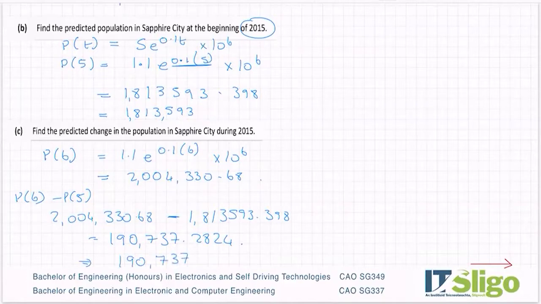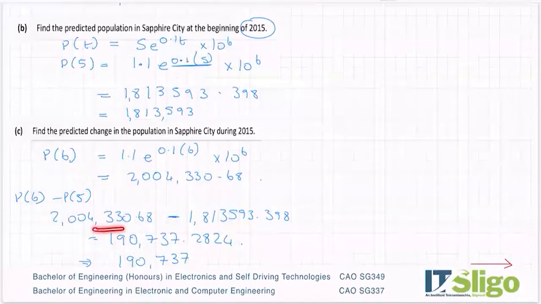190,737. So you can see in many cases here, guys, just a general thing with maths, it's not telling me to round it to a place of decimal. So I give them both: I give them the non-rounded, and then I round it because it makes sense to round it. But look what I did when I came down to this one. I used the non-rounded version, for accuracy. And accuracy is important, especially in higher level Leaving Cert or physics or any of those subjects. They like their accuracy, okay? So try not to round too soon.